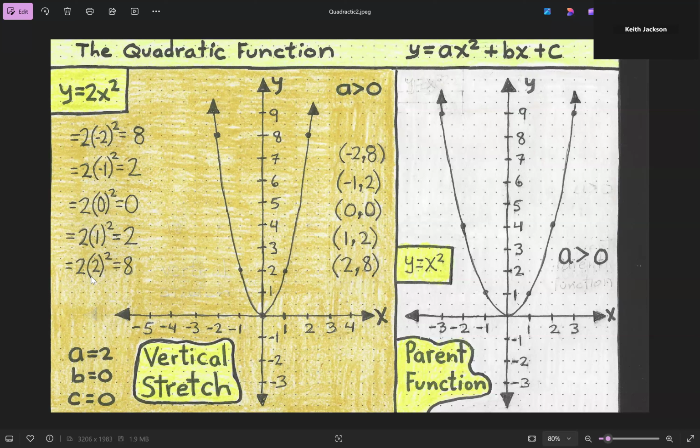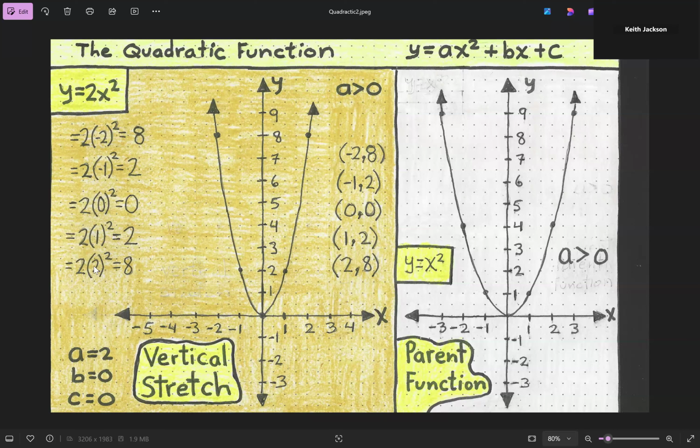And let's go ahead and square 2 right here, because we're going along the x values. So 2 times 2 squared. And remember, as far as PEMDAS, the order of operations, is concerned, we operate inside the parentheses, and then we do exponents before we multiply.